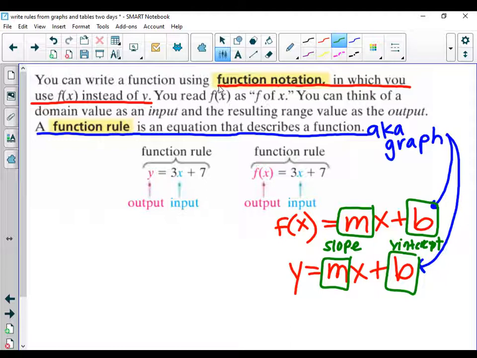If you didn't write anything down so far, I think I would probably write this. Because every answer is going to say write the rule. If you look down below, it says rule equals and then a line. So our rule has to look like one of these two things.